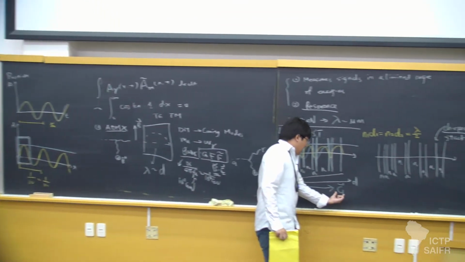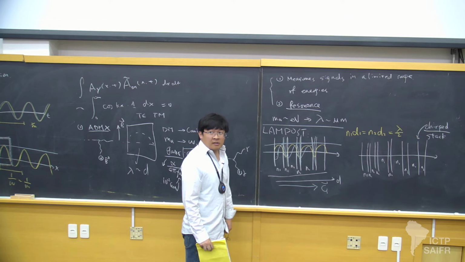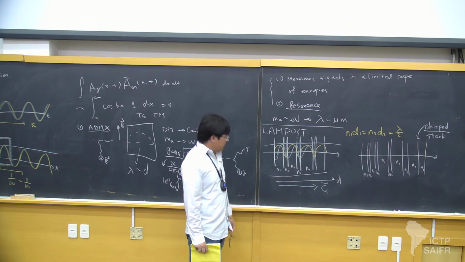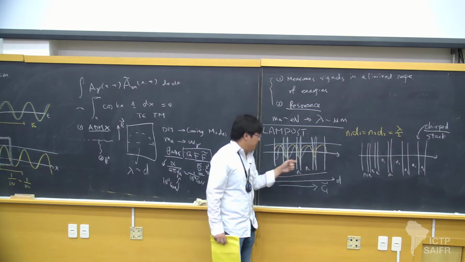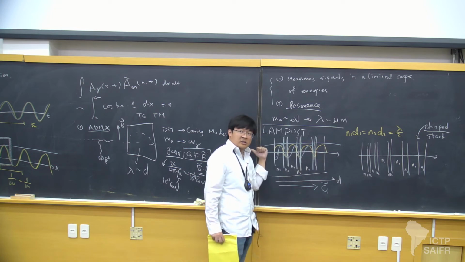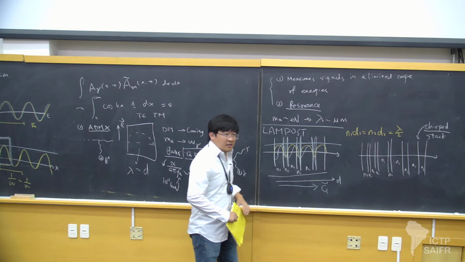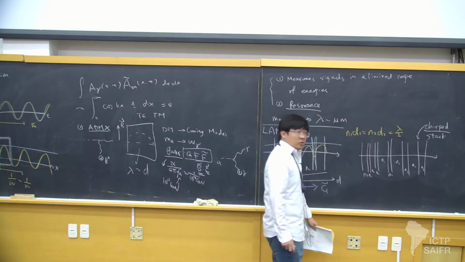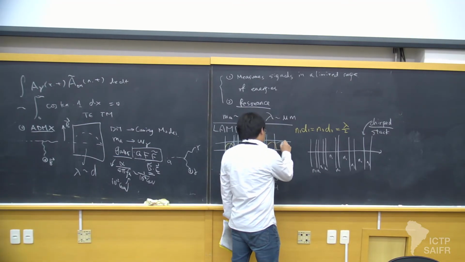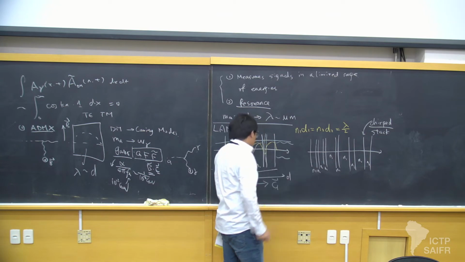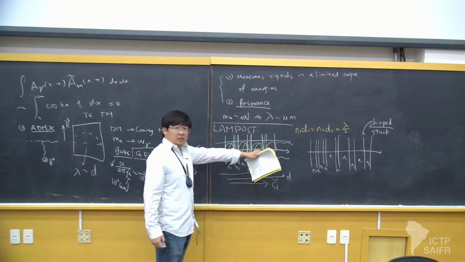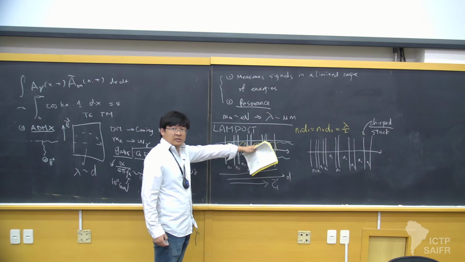Which means that the momentum of the photon is also mostly in this direction. It can go in this direction or that direction, and I can put a mirror such that it only goes that direction. So all of the photons that I'm going to get from this experiment come out perpendicular to the surface of the structure that I built.